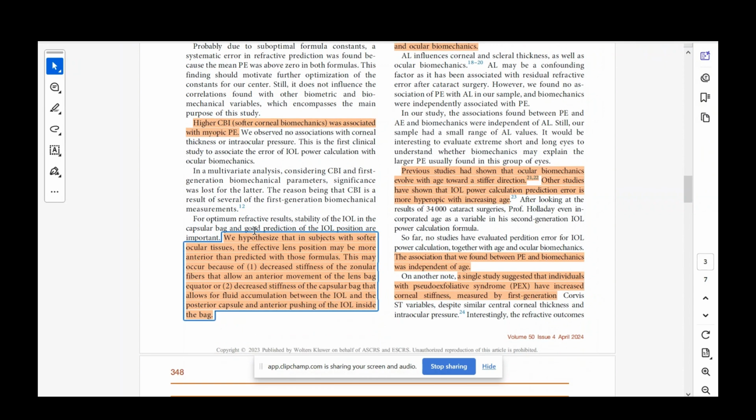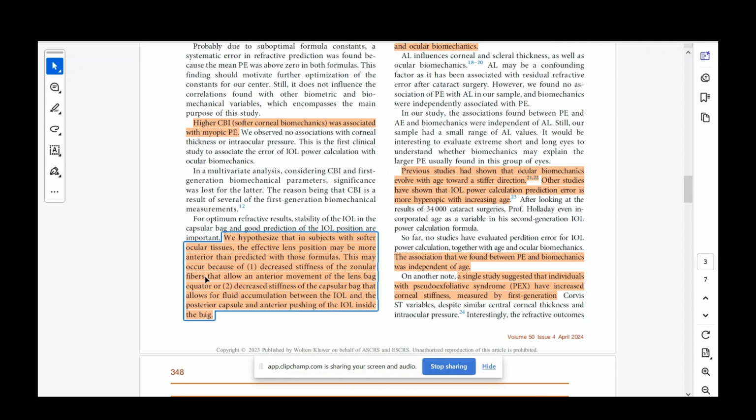And this study hypothesized two things for why such eyes might end up with a myopic surprise. One is the decreased stiffness of the zonular fibers. The study hypothesized that patients who have lower corneal biomechanics, a cornea which is less resilient, may also have decreased stiffness of the zonular fibers.